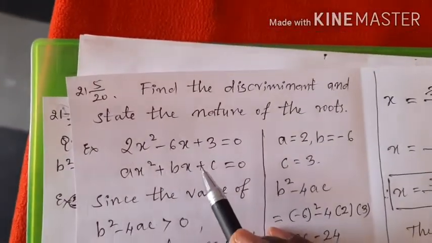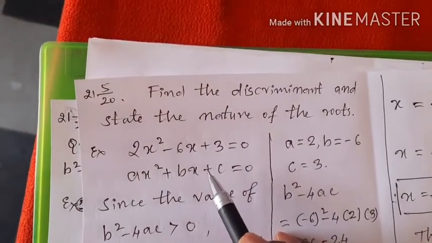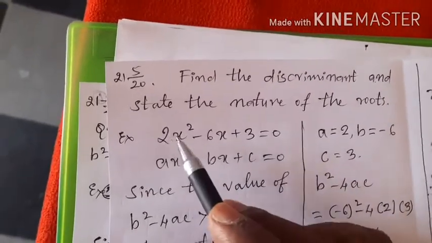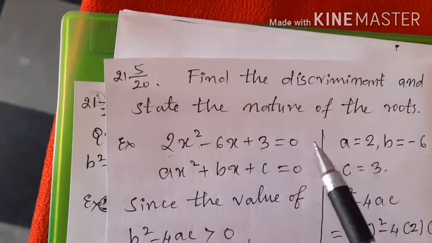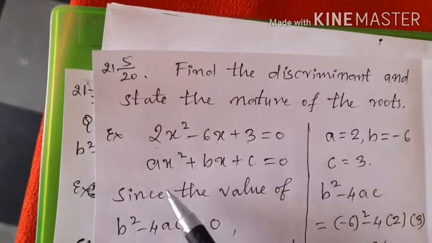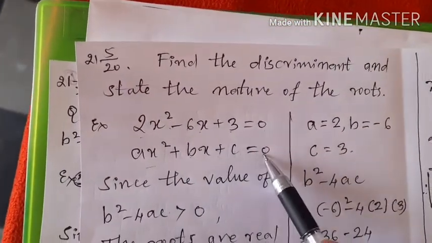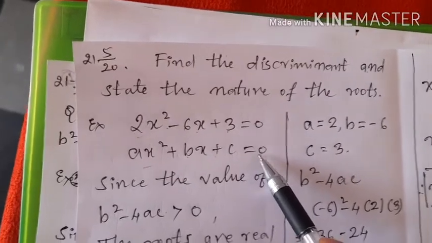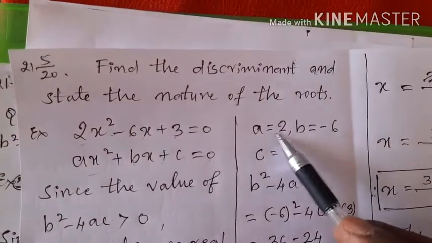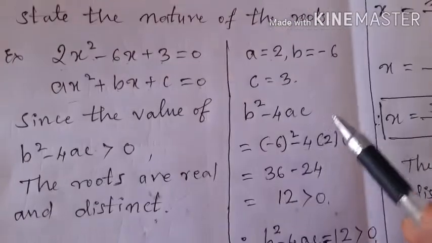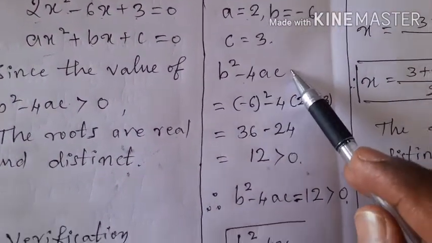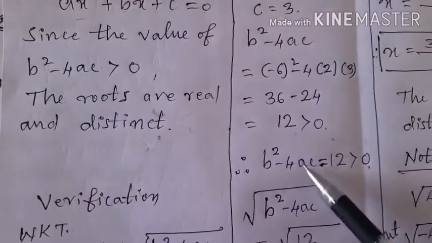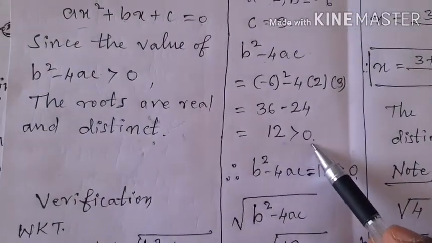Let us find the discriminant and state the nature of the roots. Example: 2x² − 6x + 3 = 0. It is of the form ax² + bx + c = 0. What I do is find out the values of a, b and c and then find the value of b² − 4ac. Here b² − 4ac is 12, which is greater than 0.